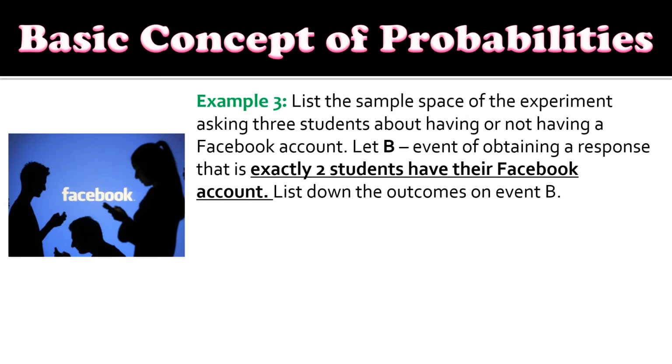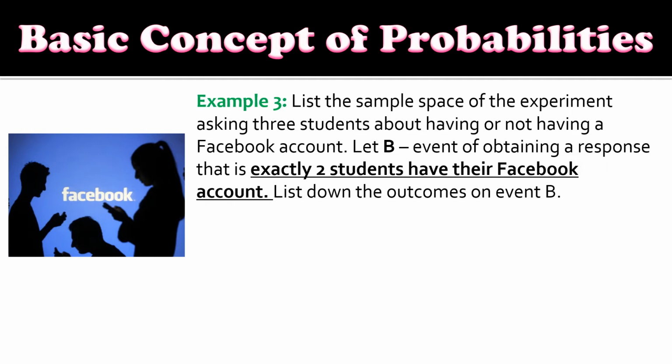So example number 3, this is the sample space of the experiment asking 3 students about having or not having a Facebook account. Let B be the event of obtaining a response that is exactly 2 students have their Facebook account.